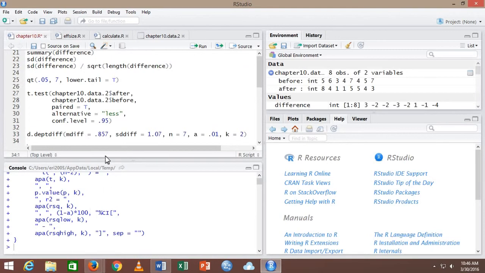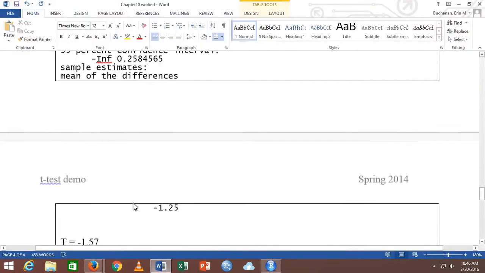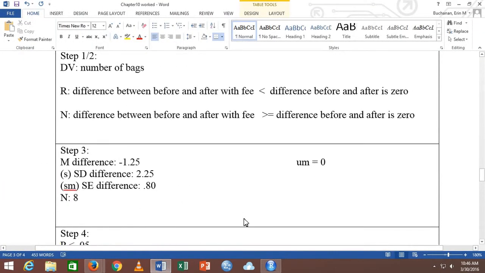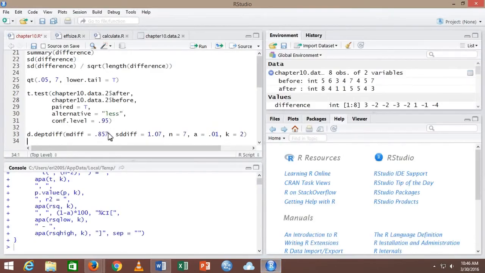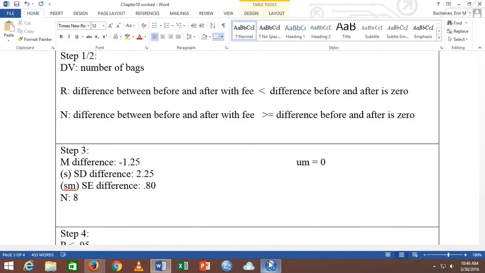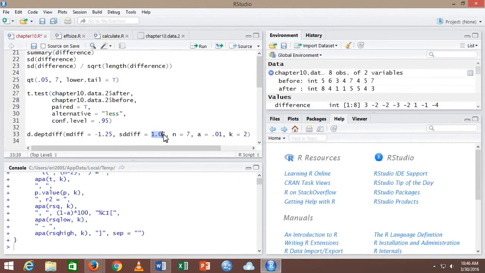So our mean difference score we wrote down was negative 1.25. The standard deviation of the differences is 2.25. And then n is 8. Alpha is 0.05.